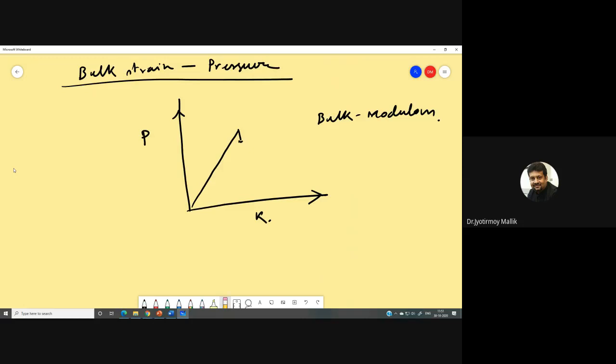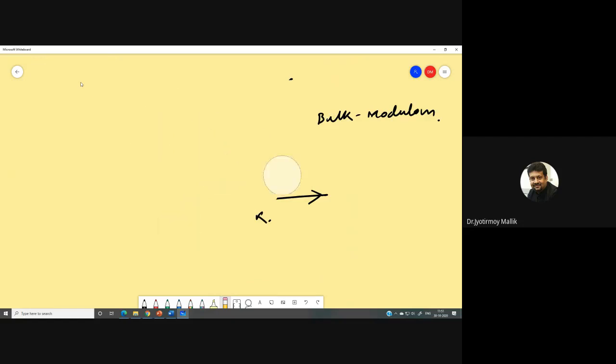And similarly, for shear strain, what would I relate it with? Shear strain is related to shear stress, of course.